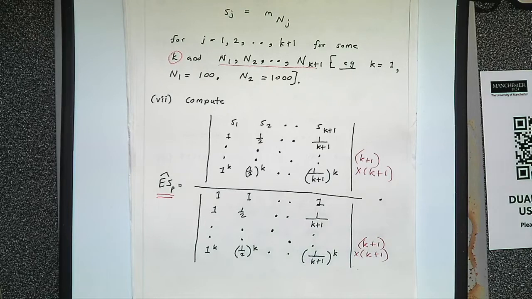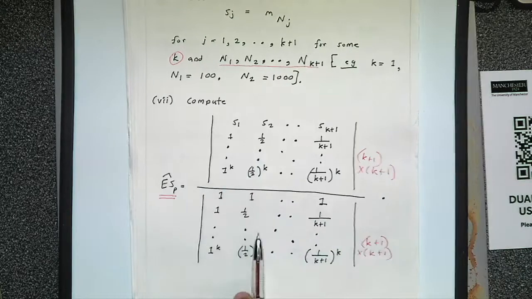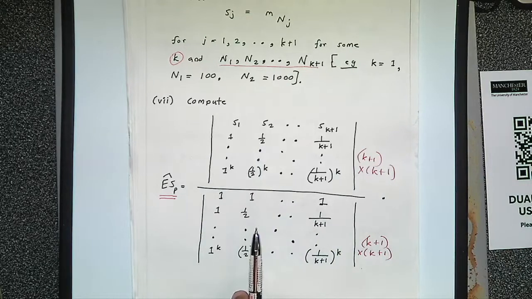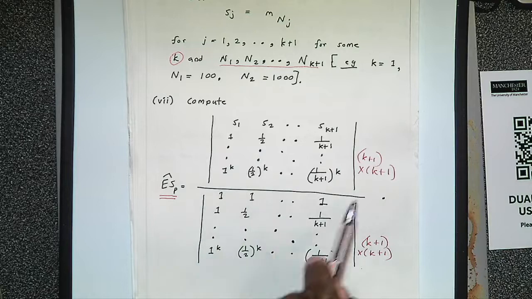For example, if you choose k to be 1, then you will have a 2 by 2 matrix here and a 2 by 2 matrix here. You take the determinant of those matrices and take the ratio.